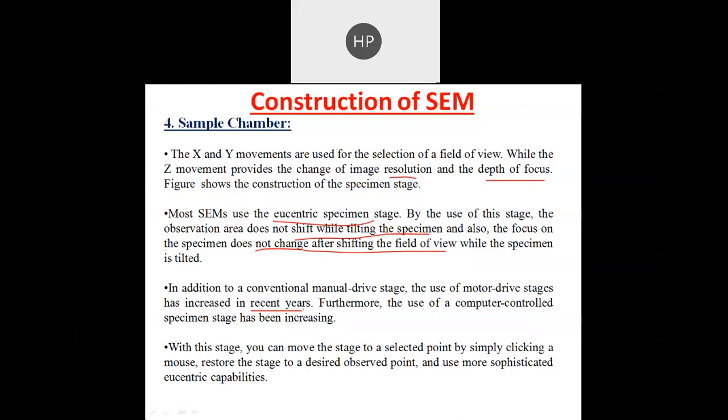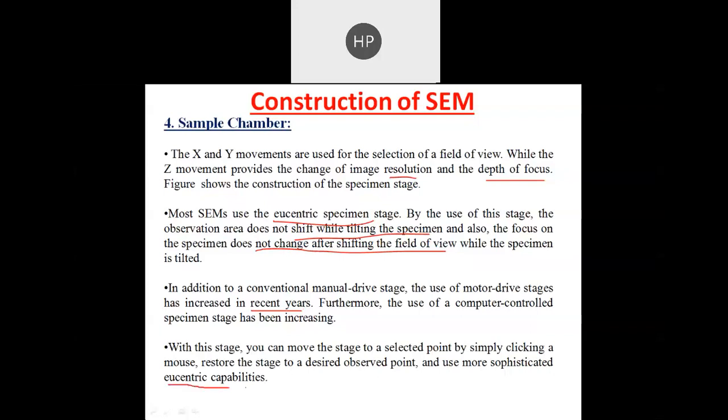And furthermore, the use of computer controlled specimen stages has increased. So nowadays this computer controlled specimen stage is also increasing. With this stage, you can move the stage to a selected point by simply clicking a mouse, restore the stage to a desired observed point, and use more sophisticated eucentric capabilities.